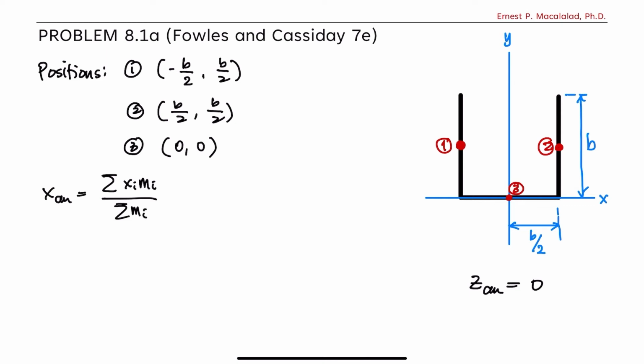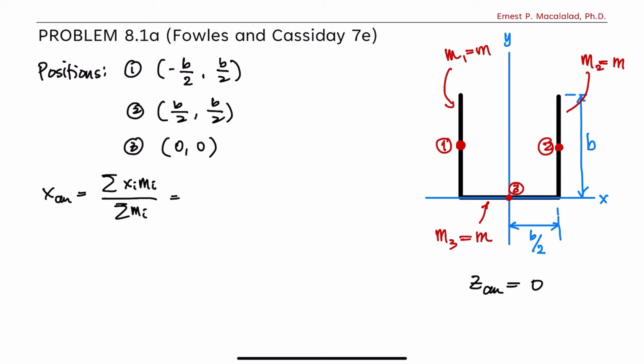If, for example, each segment has mass m, then m1 equals m, m2 equals m, and m3 equals m. So the sum of the masses of the three segments is 3m.